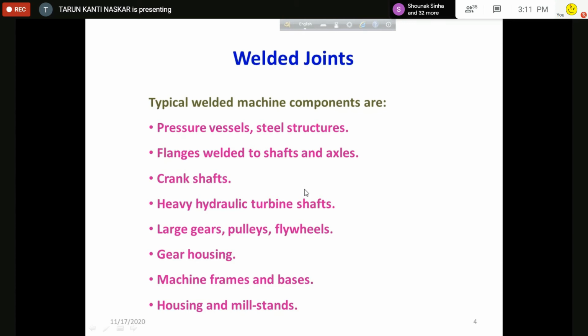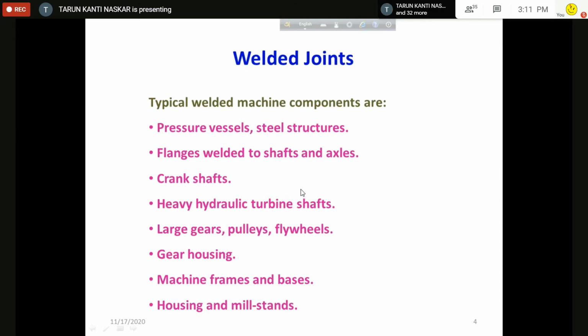Sir, in housing and mill stands, which kind of field is it? Housing, that means in your household. In houses there are some welding parts.